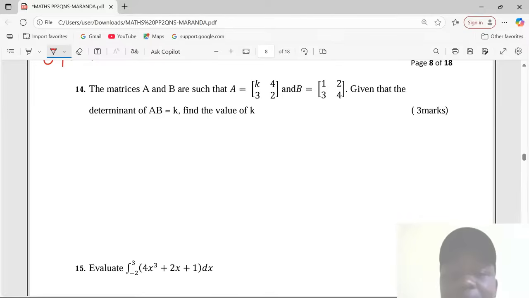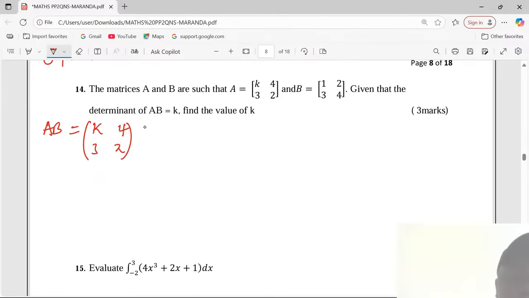So let us begin by finding first the product of A and B. When we say A and B or AB, it means K 4 3 2 multiplied by 1 2 3 4.